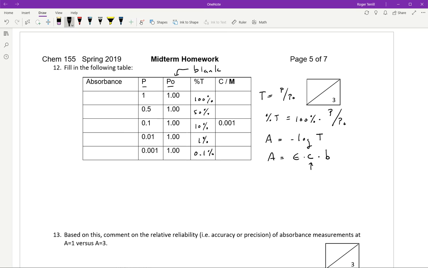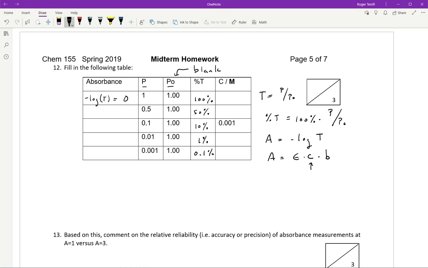Now, the absorbance here is the negative log of the transmittance, right? So the negative log of the transmittance, which is 1, is equal to 0, right? The log of 1 is 0.